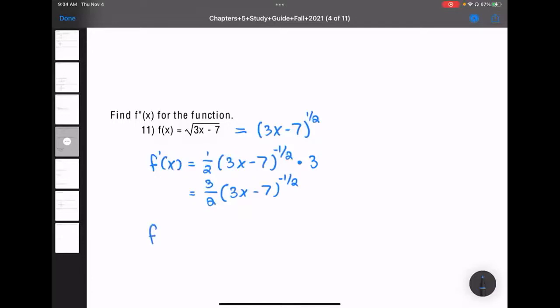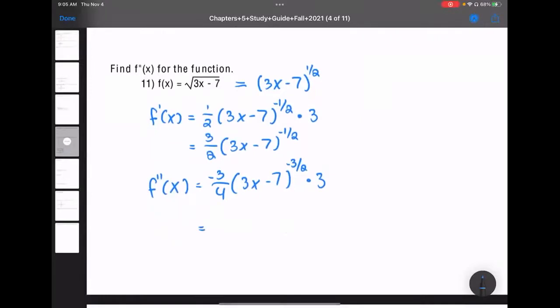Now we're going to take the second derivative, which is simply doing it again. Okay, bring down the exponent again, multiply negative 1/2 times positive 3/2. You get negative 3/4. Inside stays the same. Minus another 1 from the exponent there. Now we multiply by the derivative of the inside.